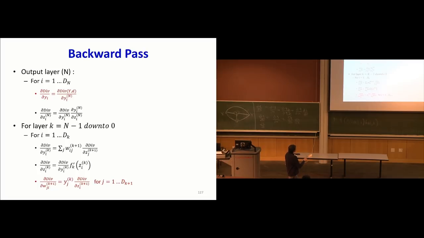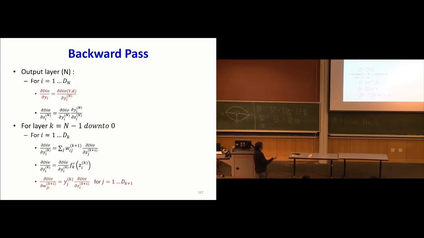For the output layer, you would first compute the partial derivatives of the divergence with respect to each of the outputs. Then you'd compute the partial derivatives of the divergence with respect to the affine combinations that go into the output layer.